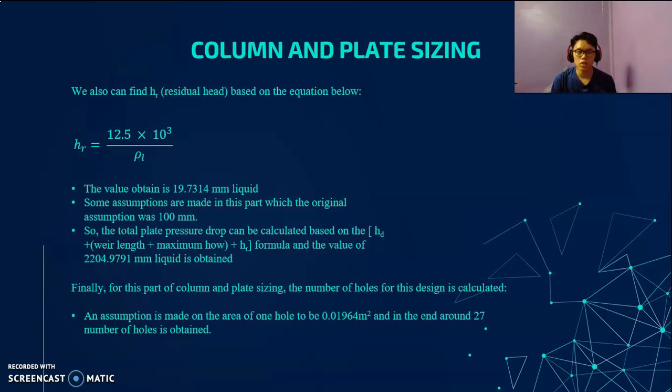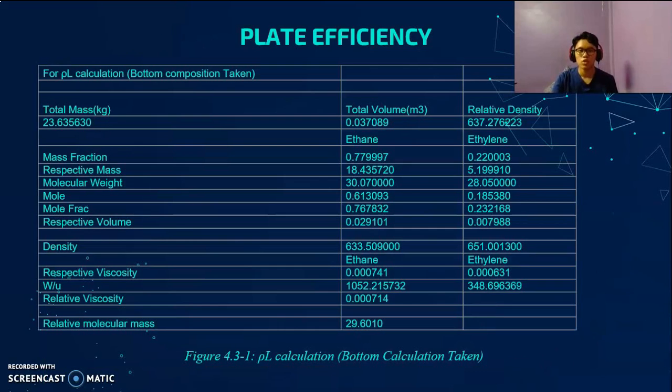Finally, for the next part of the column sizing, an assumption is made of the area of the hole, which is 0.01964 square meters, and in the end around 27 holes are obtained.